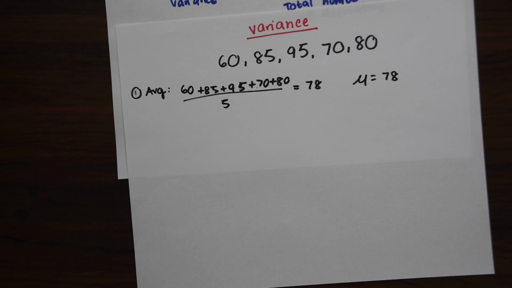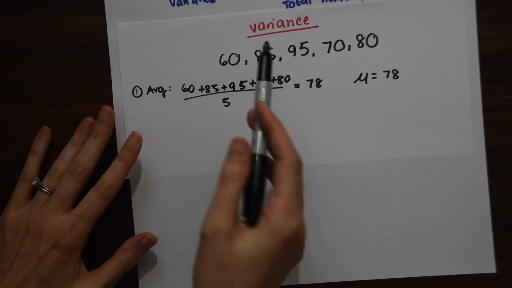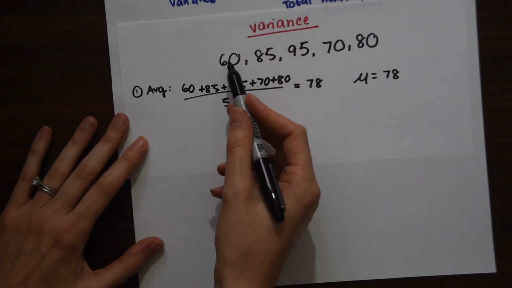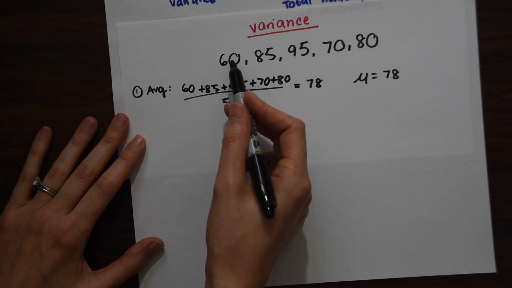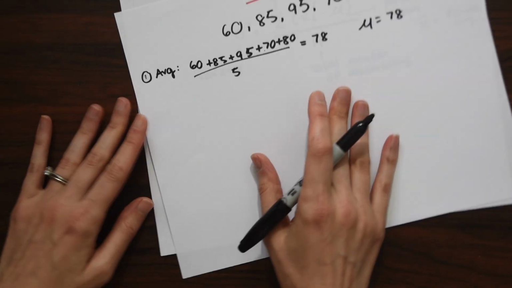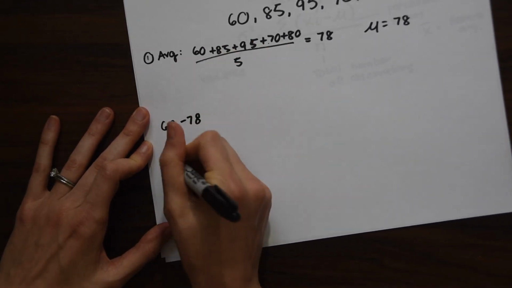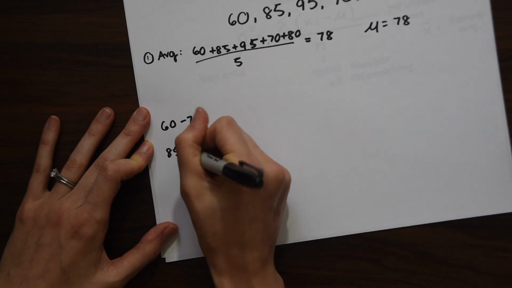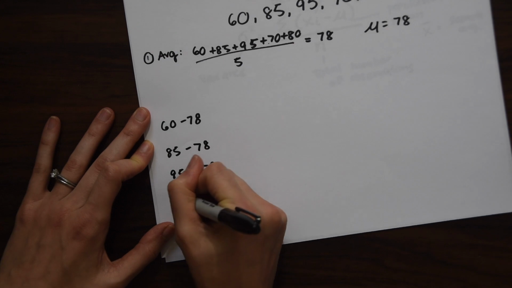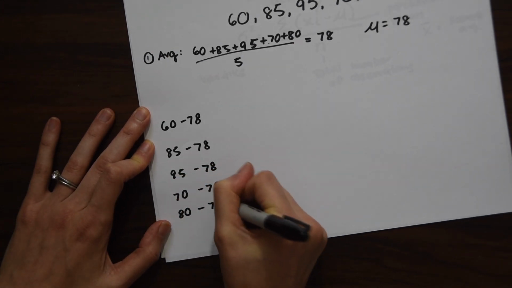Now we're going to create a little table. Remember, variance represents the observations' distance to the mean, xi minus mu. So we're going to take each number and subtract the average to see the difference. We're going to do 60 minus 78, the average, then the next number, 85 minus 78, 95 minus 78, 70 minus 78, and our last number, 80 minus 78.